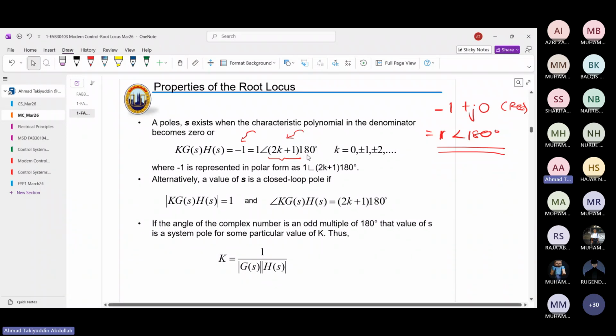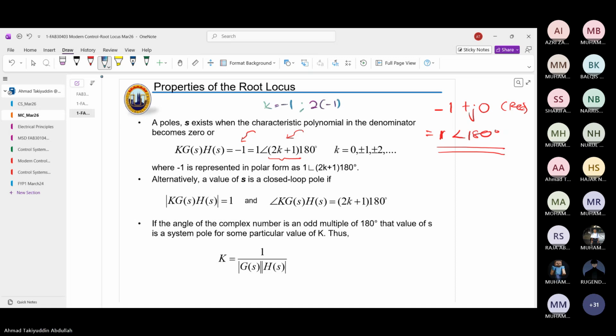Look at this. For k equal to minus 1, 2 times minus 1 plus 1, times 180 degree. What would it be?